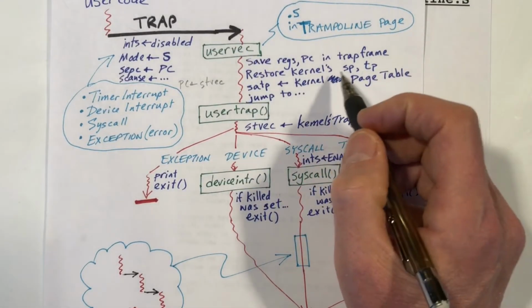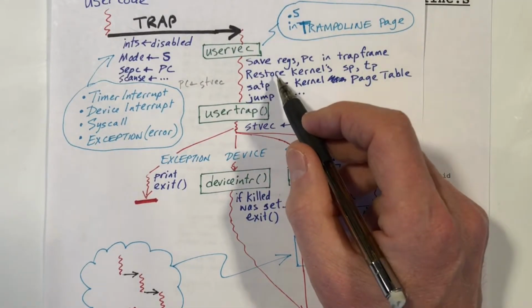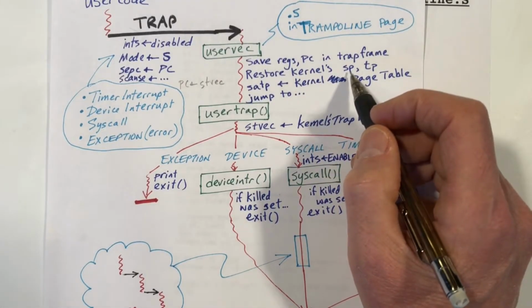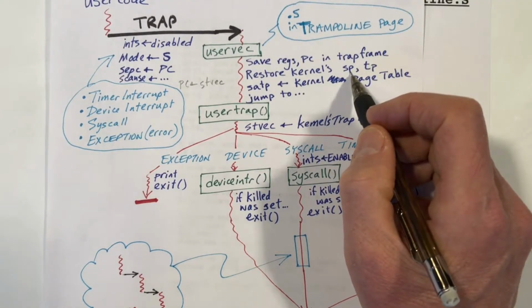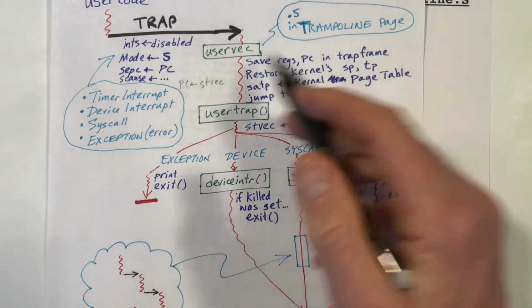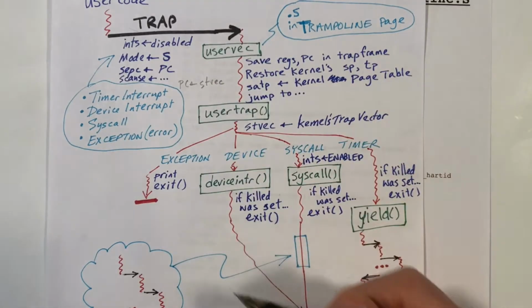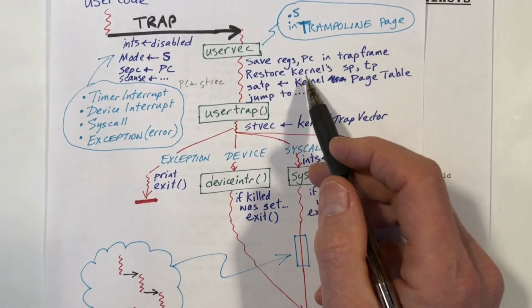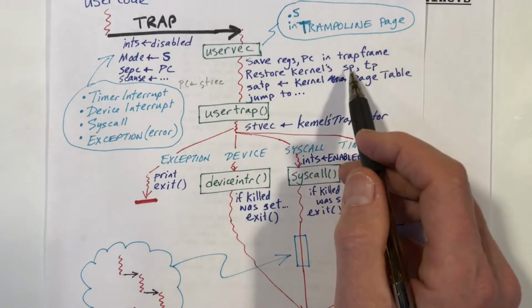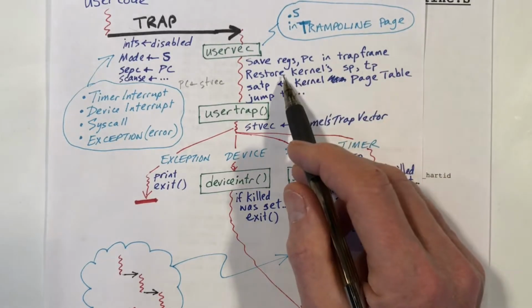The stack pointer that we will be loading, perhaps I should have said load rather than restore, because we're not retrieving a previous value as much as we are initializing the stack pointer. We are initializing it to what's called the kernel's stack page. Every process, each of our 64 processes, will have a single page set aside for the kernel stack, and that is what we're loading into SP here.